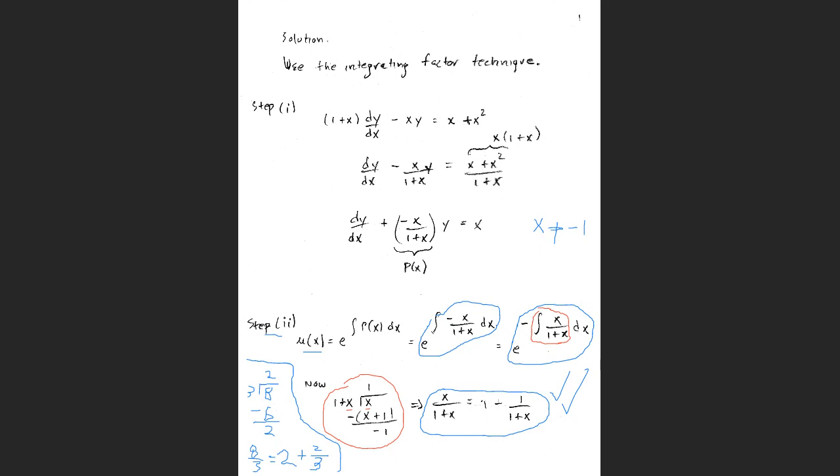All right, so now let's go to the next page here. Now I'm going to go to the next page, and I got to find my integrating factor, but first let me find the integral. Let me find what this equals, the negative integral of x over 1 plus x dx.